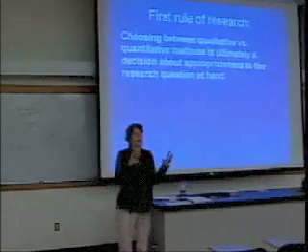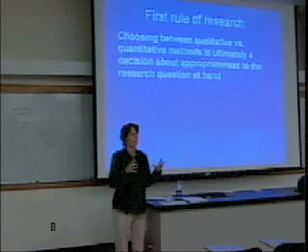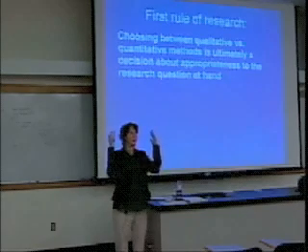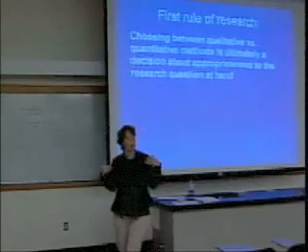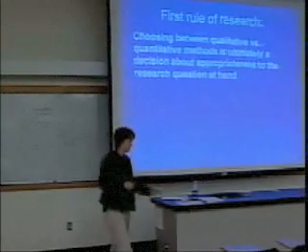But then they identify a problem or a question that may not be best answered using those methods. And they struggle with that. But I'm quantitative. How can I possibly address this in a qualitative manner? It's a matter of finding the best way to get at the question that you're interested in.